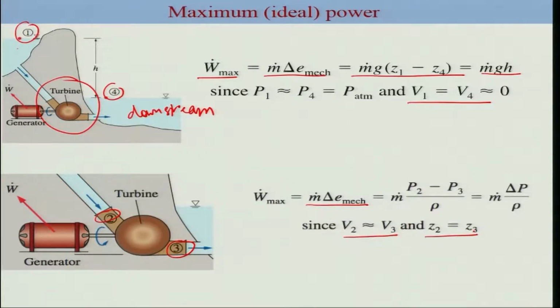Elevation we are considering to be almost similar. This is because from the viewpoint of the scale, the change in this Z is small compared to what we have shown in the difference between the reservoir heights. So this will be simply written as the change in the pressure across the turbine, because the rest of the components are going to be 0.